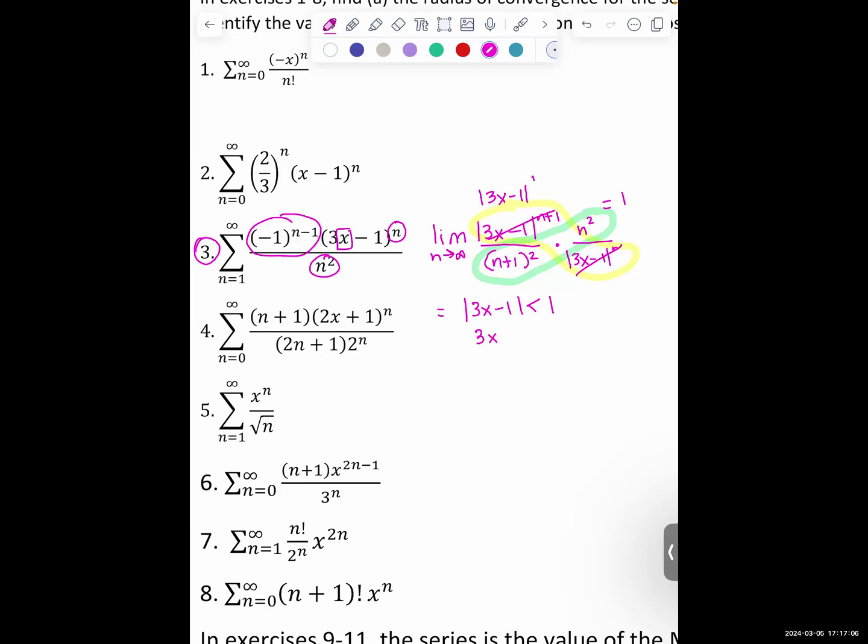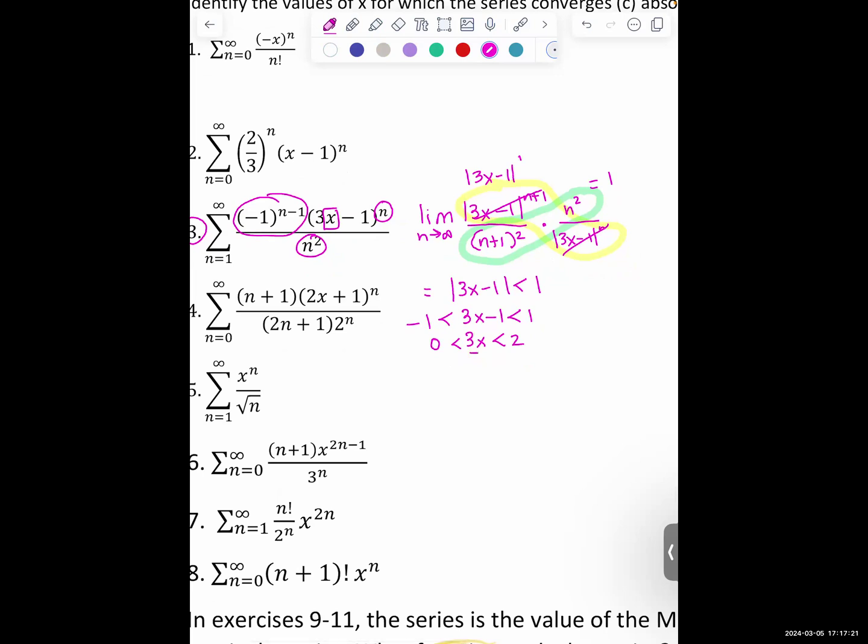So we end up with 3x minus 1 is between 1 and negative 1. Then when we add, we end up with 0 is less than 3x is less than 2. Divide by 3. x is between 0 and 2/3.